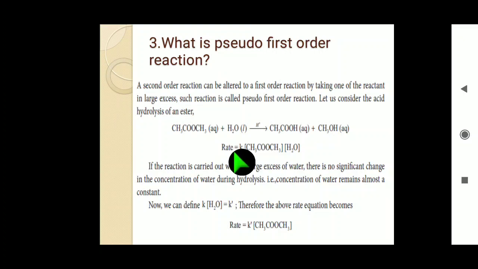Okay, now how to write the rate law? So rate equal to rate constant, concentration of methyl acetate and water. The water is not considered because the product comes only from the reactant methyl acetate, not from water. Okay, if the reaction is carried out with a large excess of water, there is no significant change in the concentration of water during hydrolysis.